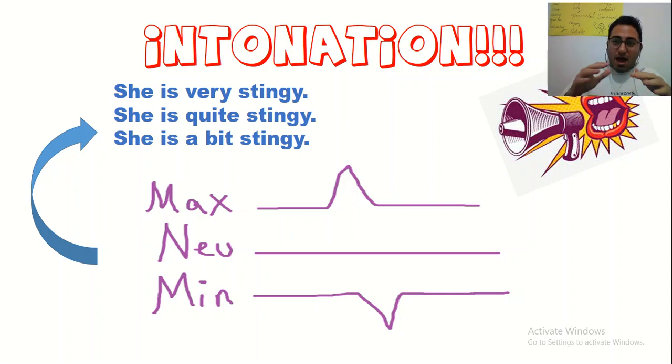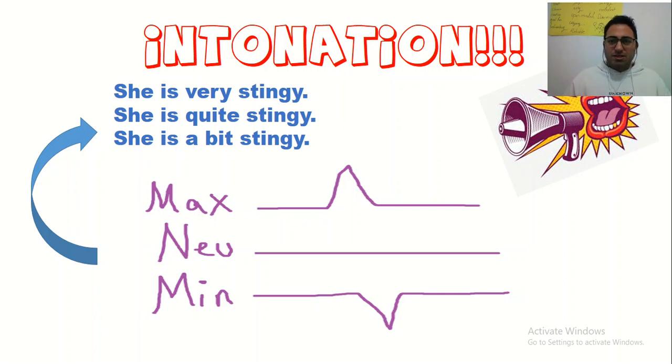In terms of the neutral one, you don't need to express very severe emotion or passion about something, so you can go ahead with a steady pace. And for the last one, since you are going to express your emotion in your gesture and body language, you lower your voice.